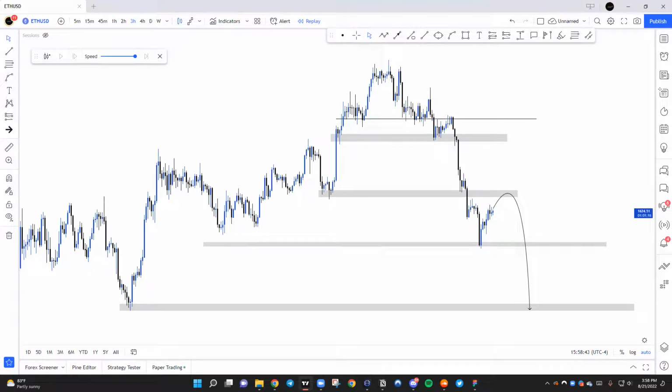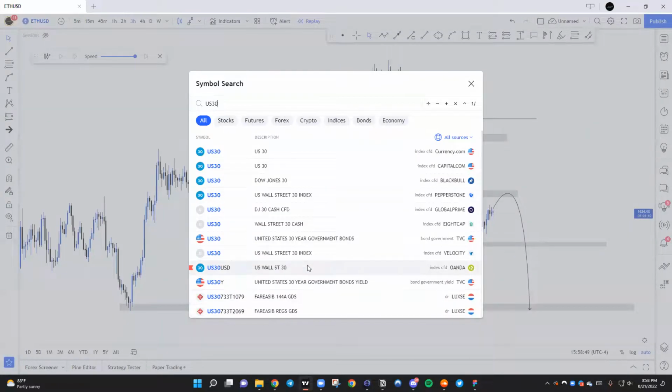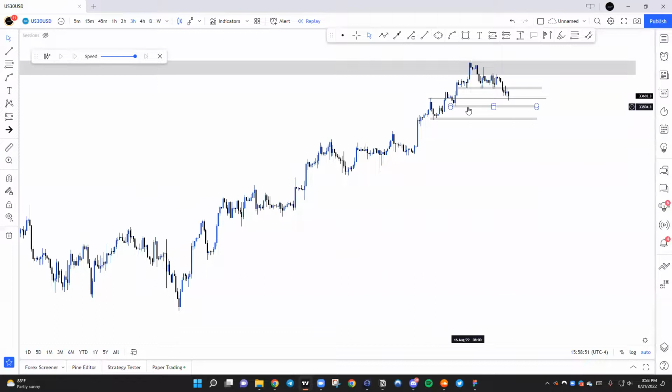Example. July 31st. July 31st. Bro, why can't I find it? It's right here.